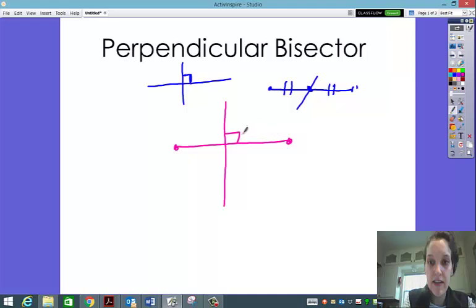So this orange line, that is your perpendicular bisector. So you look for two things. You look for the right angle and you look for the tick mark.